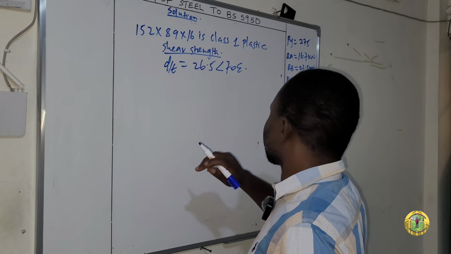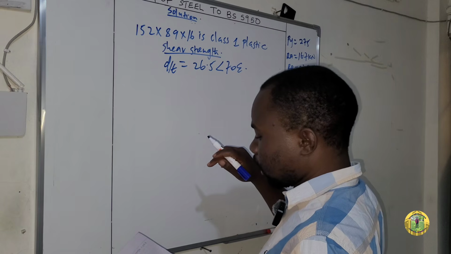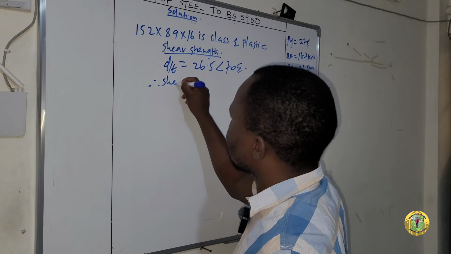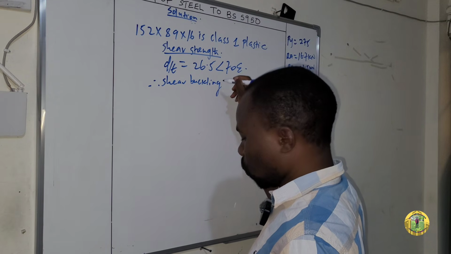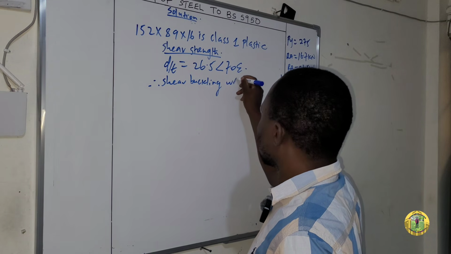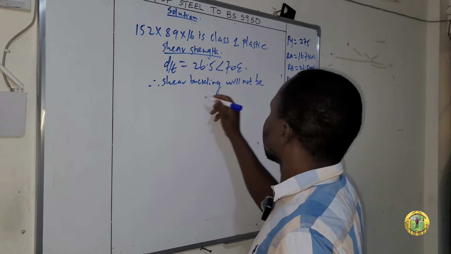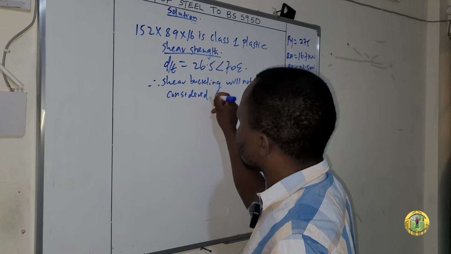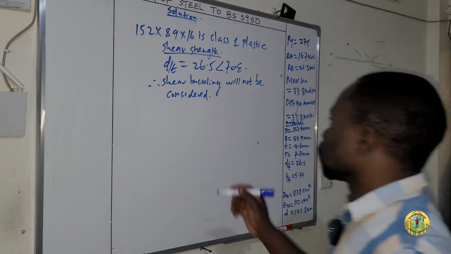Our e is 1. Therefore, shear buckling will not be considered, like that.